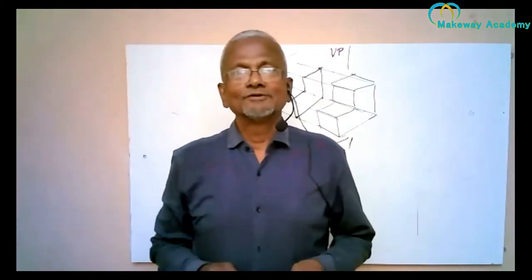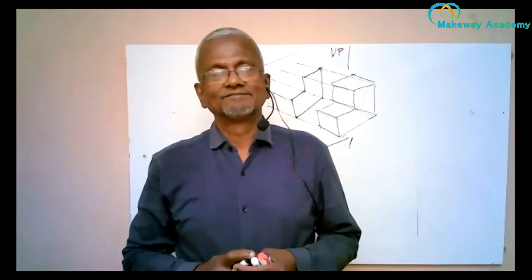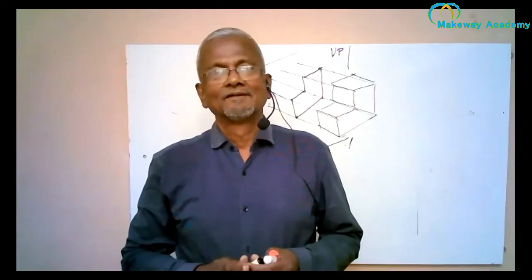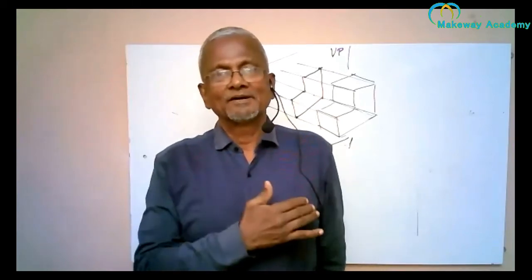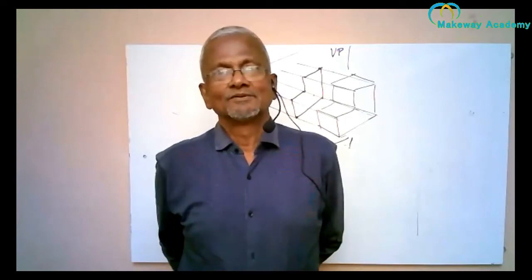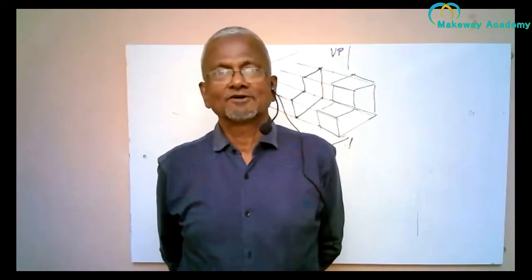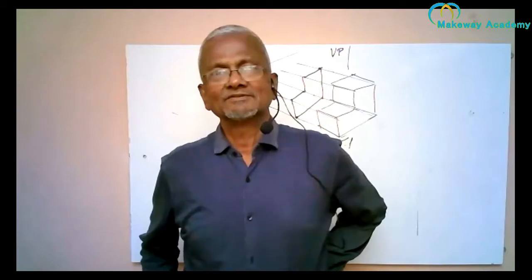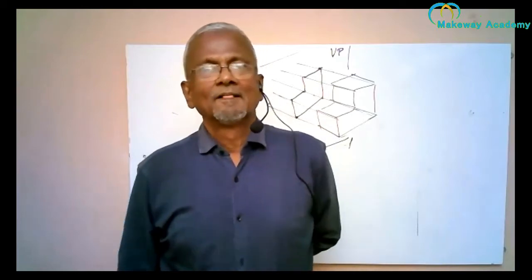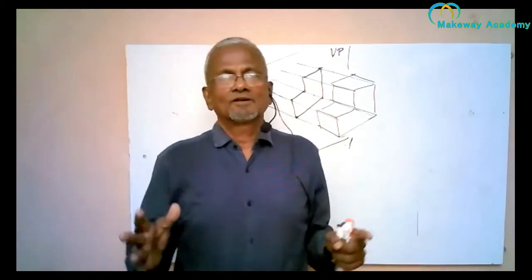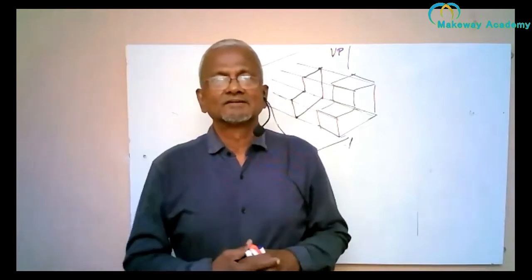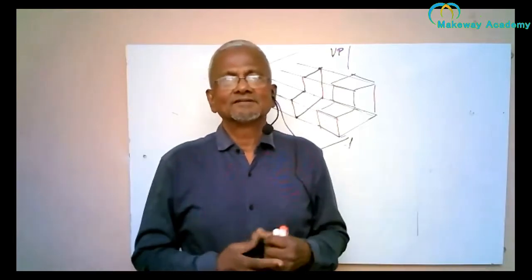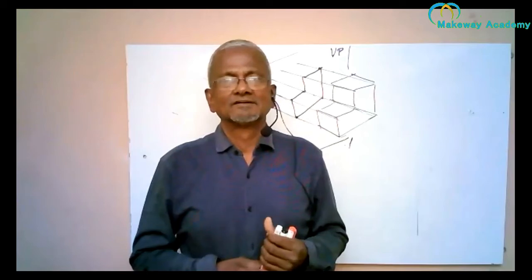Now, I told you one projection is not enough. Why? Because by studying this projection, we roughly get an idea of the shape of that object. We get the overall length, height, but the depth dimension is not here.